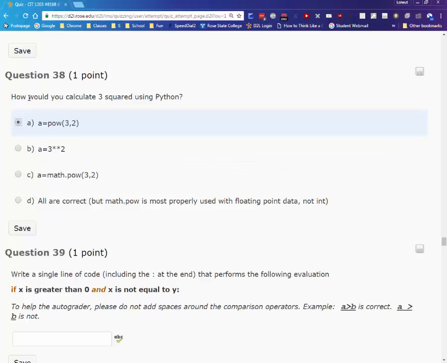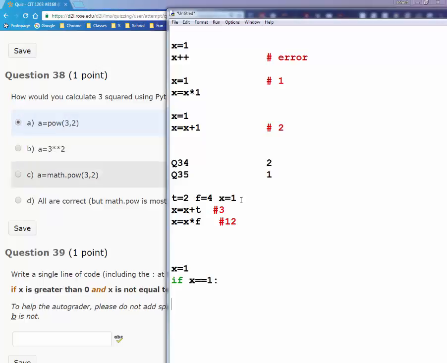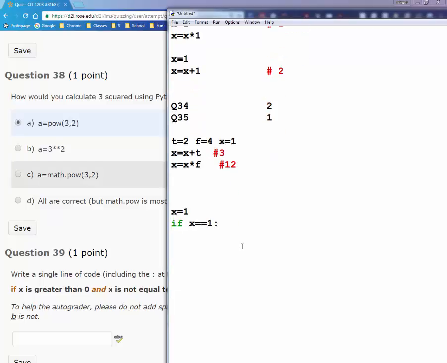Here we go. Another one that a lot of people only got partial credit on. How do you calculate 3 squared? Well, there's more than one way. I can think of 4 ways of doing it, but here I only list 3. 4 ways of calculating 3 squared would be like this. A is equal to 3 times 3. That would do it, because it was squared. If it was cubed, we'd have to tack on another 3.